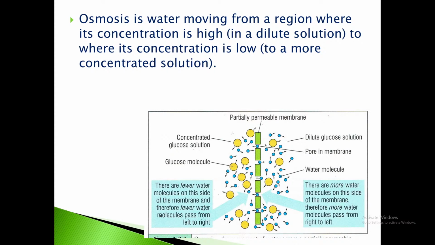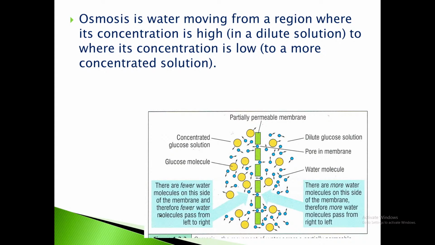The next example I can use to explain osmosis is, let's say for example some water is spilled on the floor. That means the floor is wet, there is water on the floor, and you now get a piece of dry cloth or a dry mop to mop up the water.